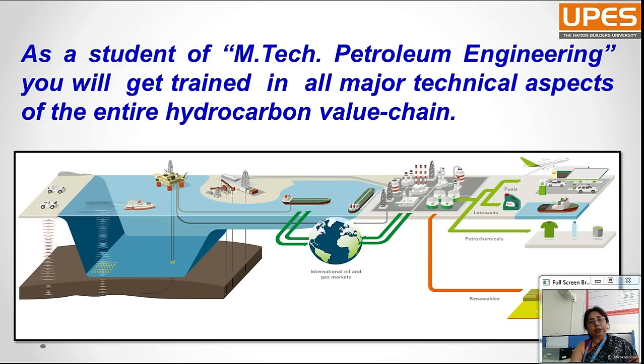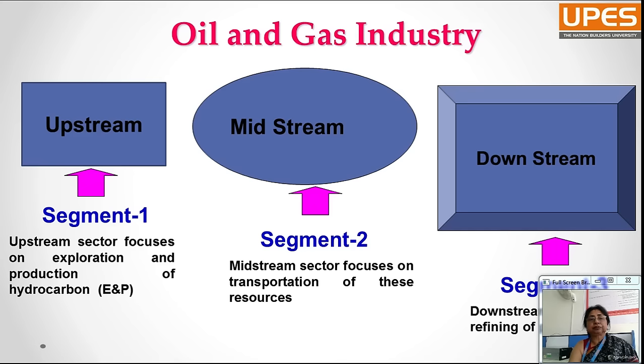After you locate it, you come to drilling. After drilling, you start production. After production, you transport it to the refinery and the petrochemical industry. So you will know the whole hydrocarbon value chain when you come here to do the petroleum engineering course.